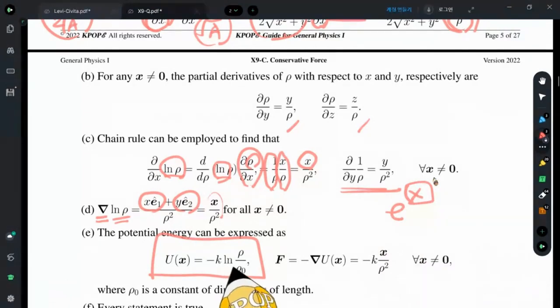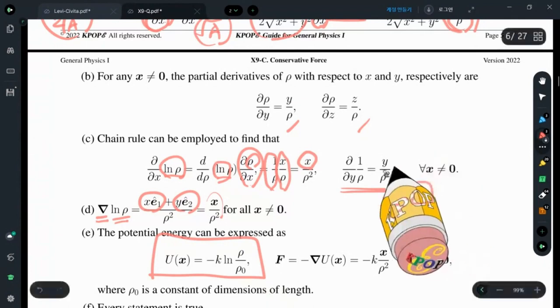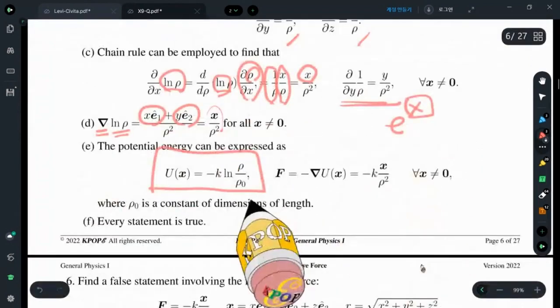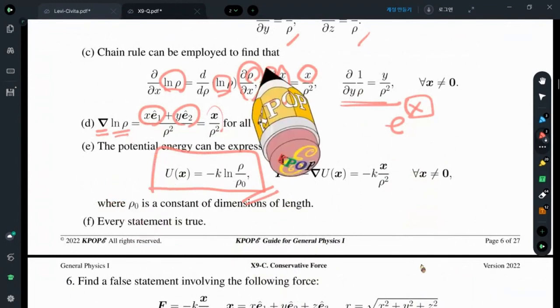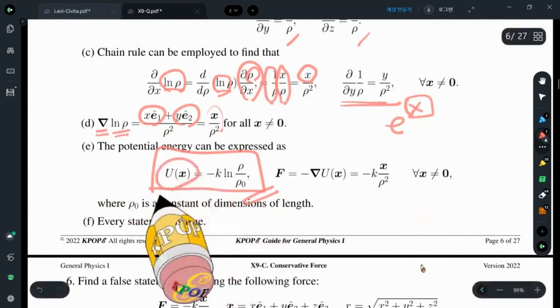So the log argument must also be dimensionless. The simplest way to make it dimensionless is just to divide rho by a certain fixed value, rho 0, that has the same dimensions of length. So finally, by making use of just the chain rule, I have found what the potential energy of the system is.